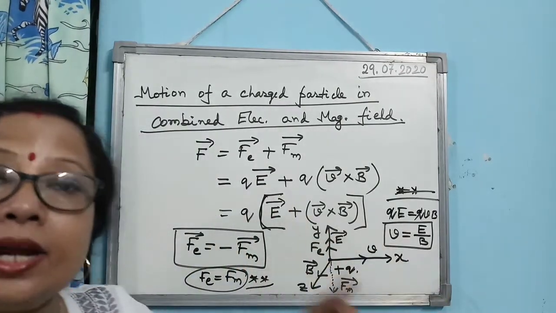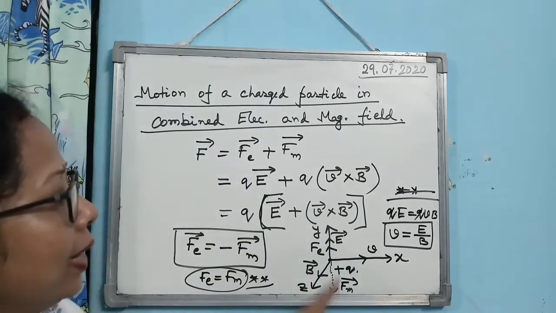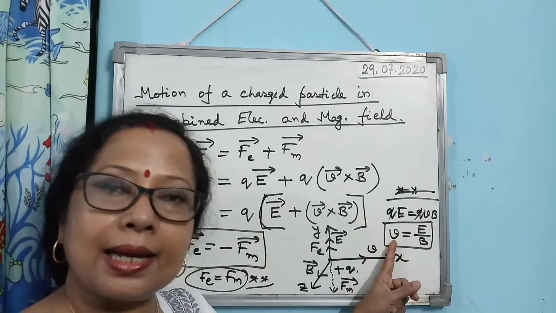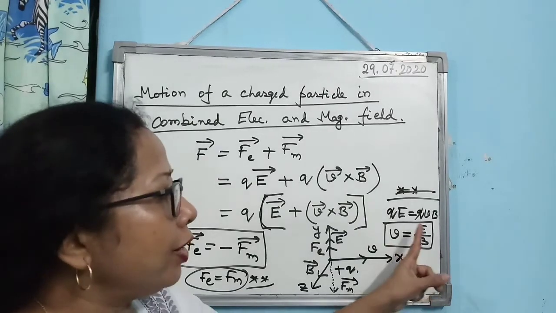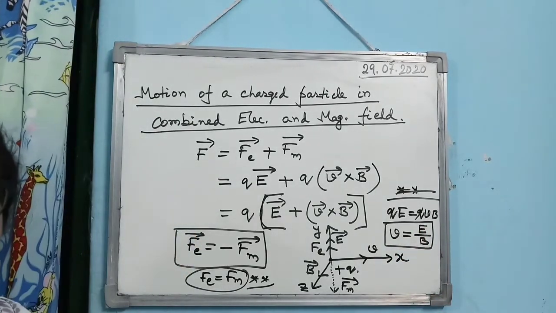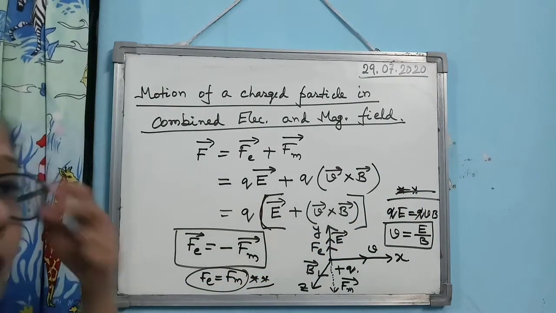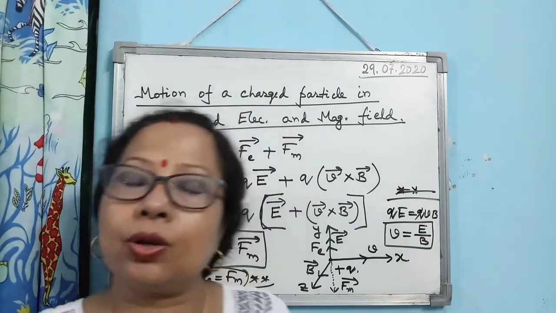Alright, and under which condition will the charged particle do this? When the velocity of the charged particle is equal to the ratio of the electric and magnetic field. Alright, so this is a very important concept. In the next topic, cyclotron, we will use it.